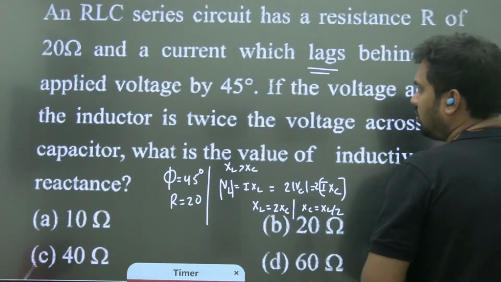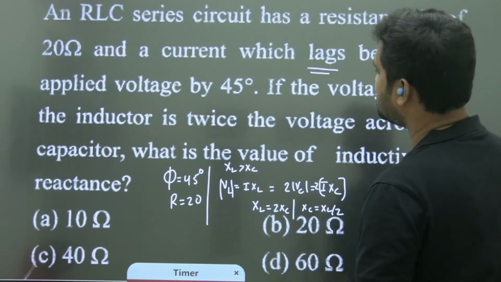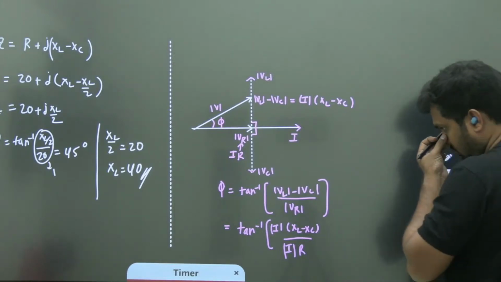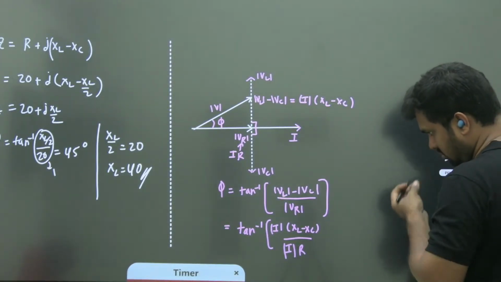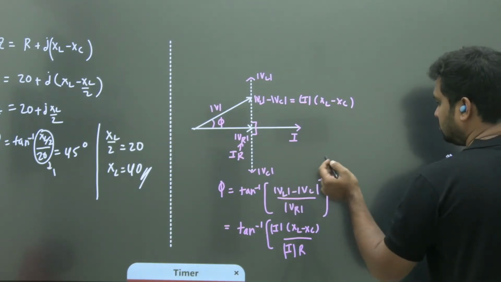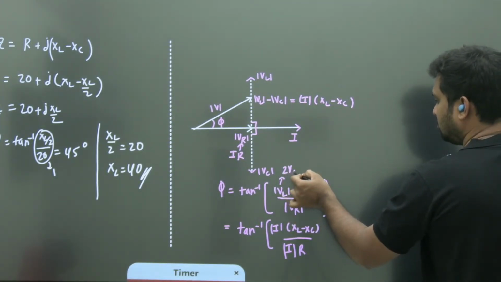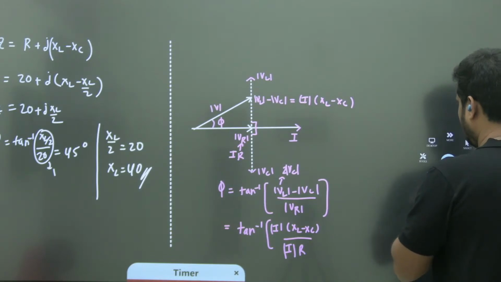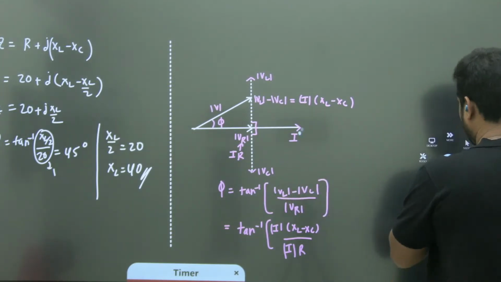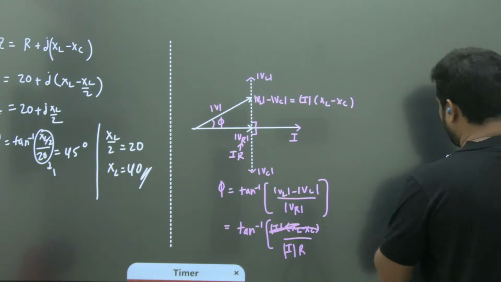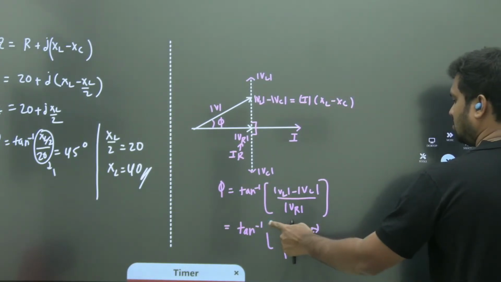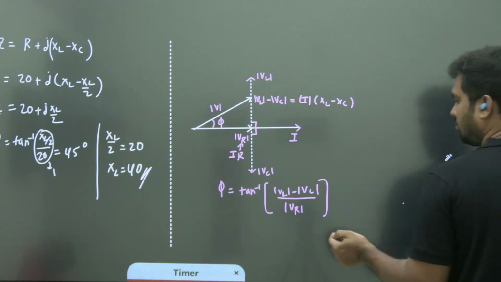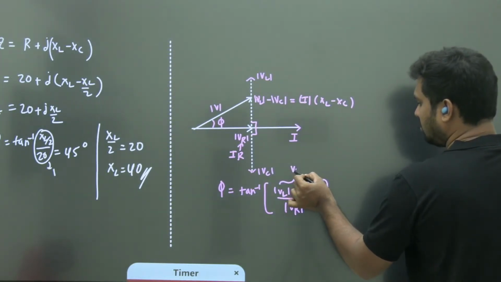Or you can see what he said, the voltage across the inductor is twice the voltage across the capacitor. So VL minus VC equal to VL by 2.